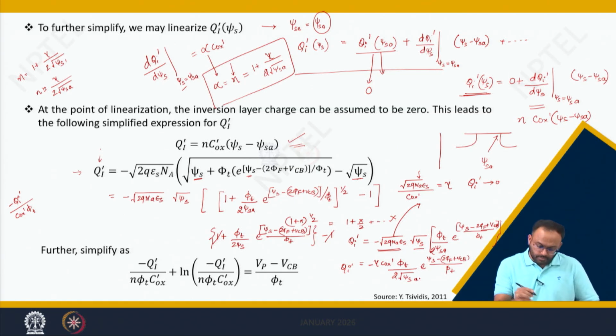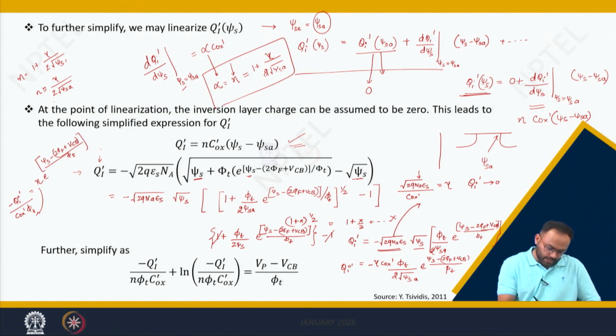Correct? So this can be written as n into e to the power of (psi s minus 2 phi f plus Vcb) by phi t.